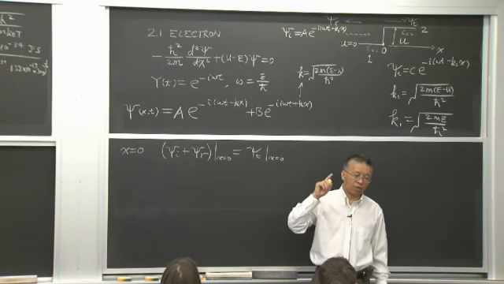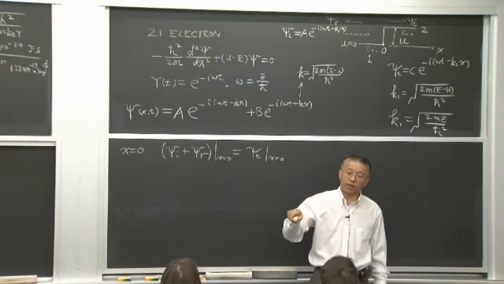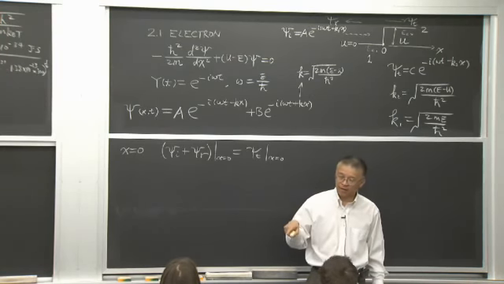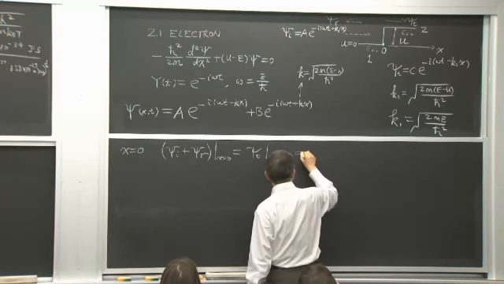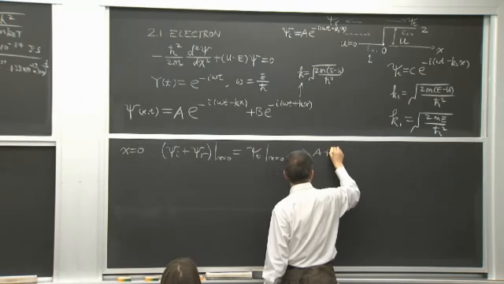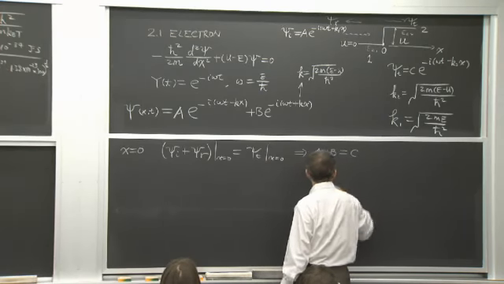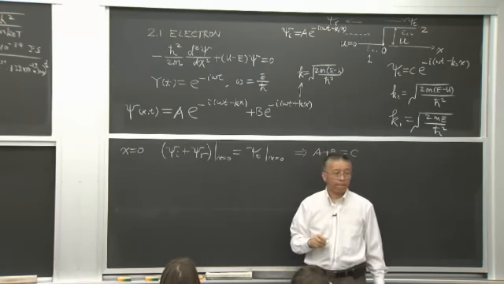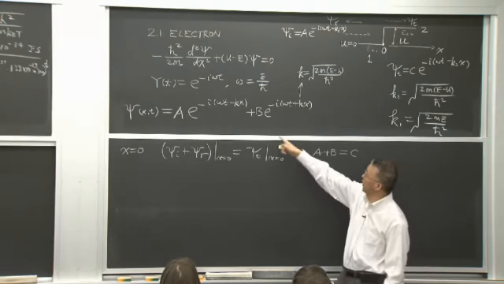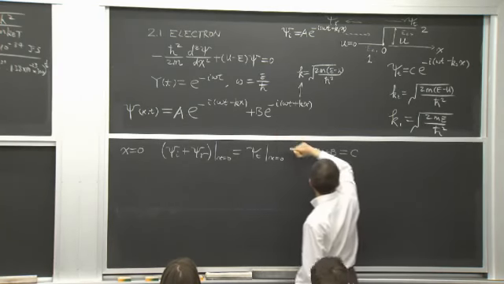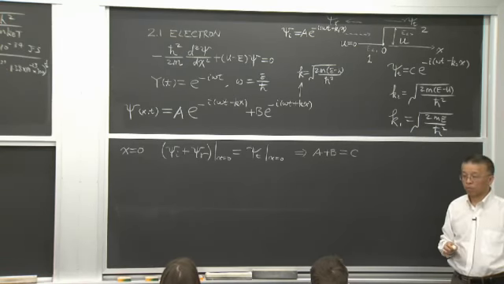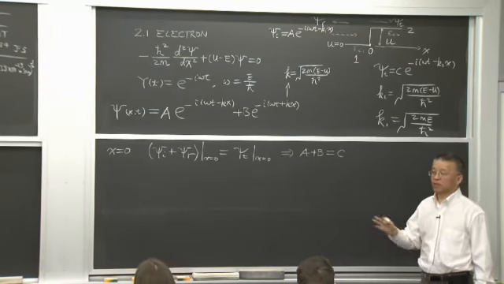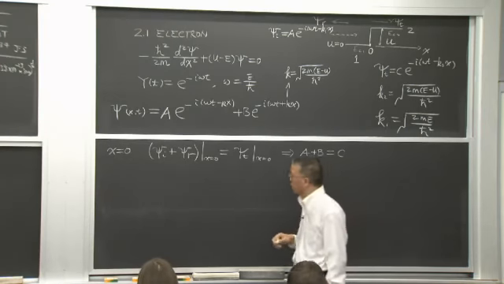So when the wave goes from one medium into the other, the frequency doesn't change. What I have here is really A plus B equals C, because e to the minus i omega t cancels on all terms at x equals 0.